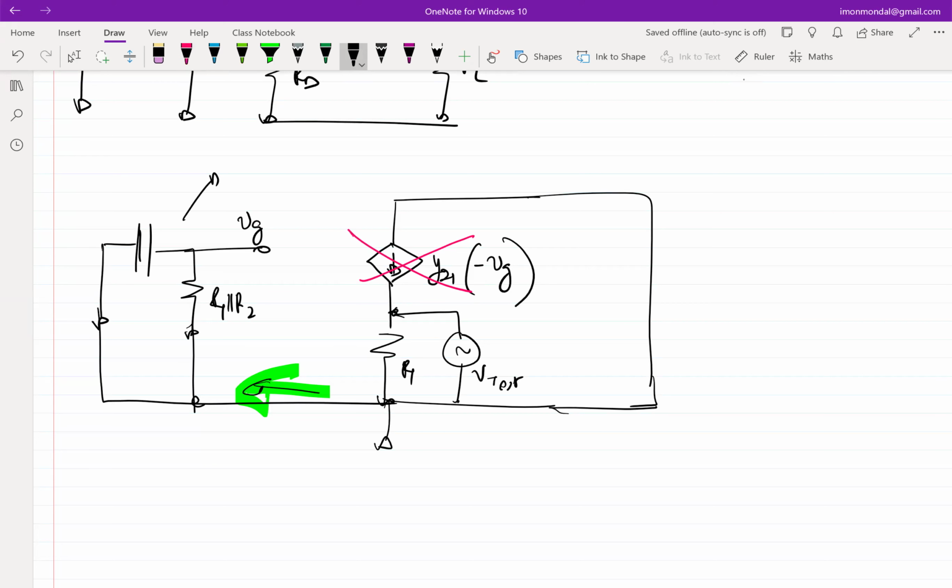So what is the impedance that you see looking up? Infinite, right? Looking into the drain of the transistor, which is in saturation, you get infinite impedance, right? Does that make sense? Yes.